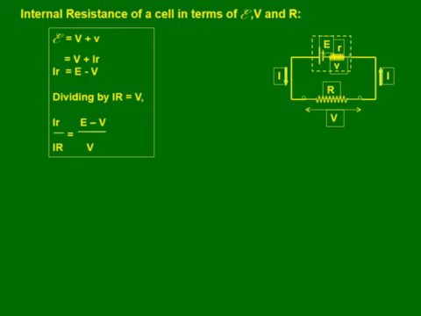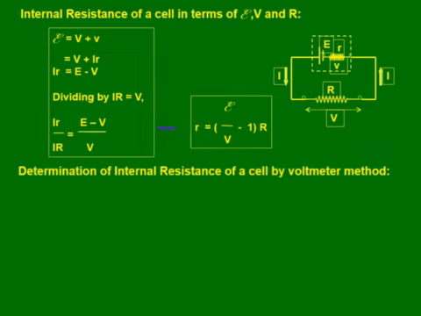So I into r is equal to E minus V, where E is the EMF and V is the terminal PD. Dividing both sides by I into R, where I into R is equal to V, we get I into r divided by I into capital R equals E minus V by V. So the expression comes out to be small r, that is the internal resistance, equal to (E by V minus 1) into capital R, where E is the EMF, V is the terminal PD, and R is the external resistance which is connected in series with the cell.